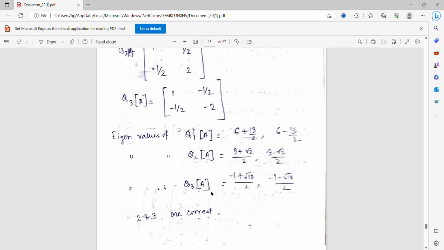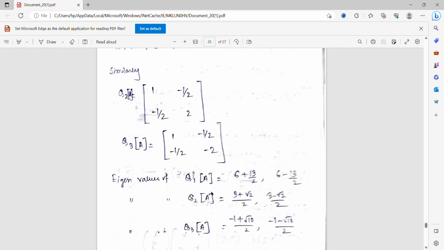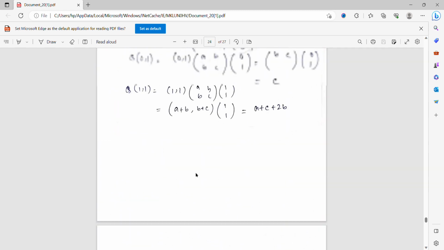Now we know that two quadratic forms are equivalent if their associated symmetric matrices have the same rank and the same number of positive and same number of negative eigenvalues.